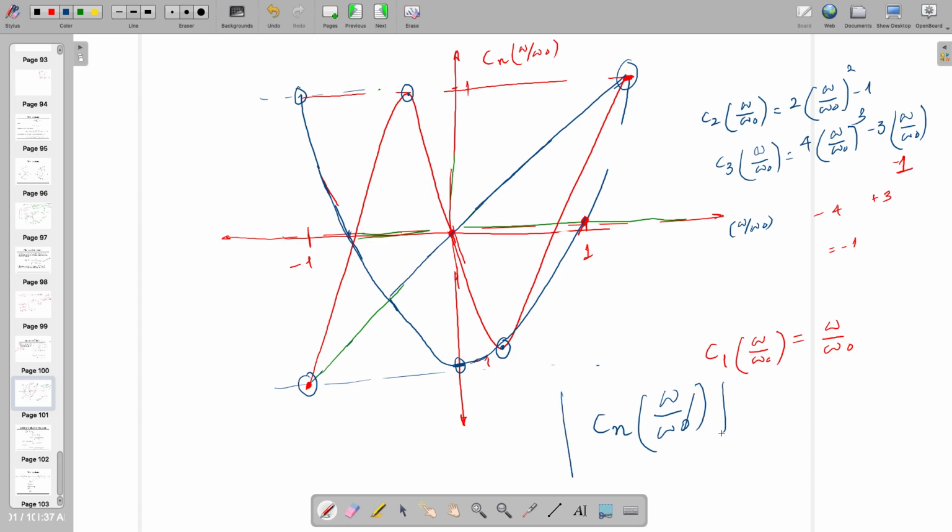For that, the maximum value is equal to 1. You can also note that -1 also becomes +1 in the case of mod, and the minimum value becomes 0 here, right?